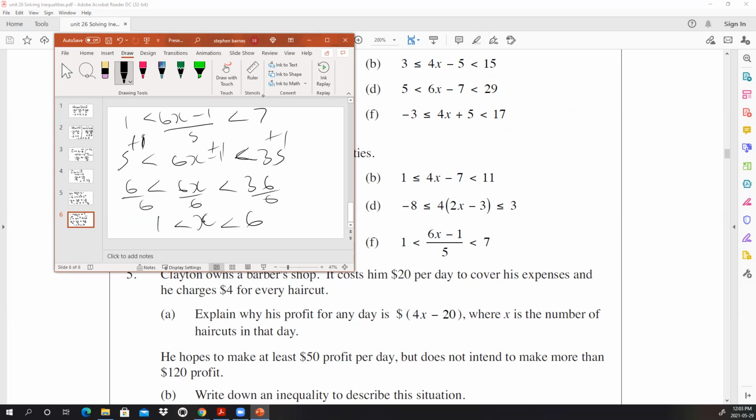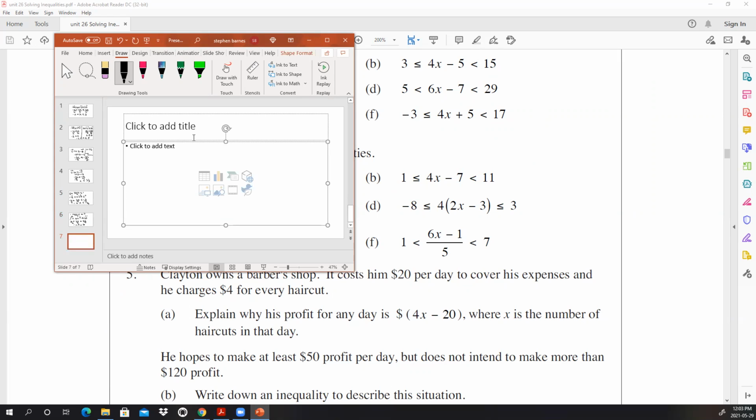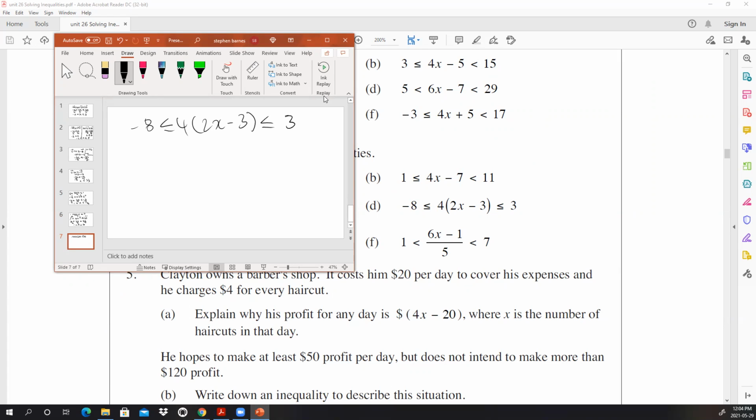And for D, so D is very simple, but we can try. So D is just, you just have a bracket, that's all. So you can either choose to multiply out the bracket, or you can divide through by 4 first, whichever way you prefer.